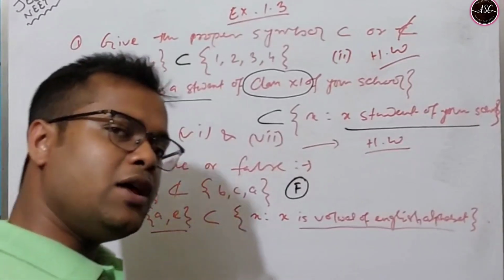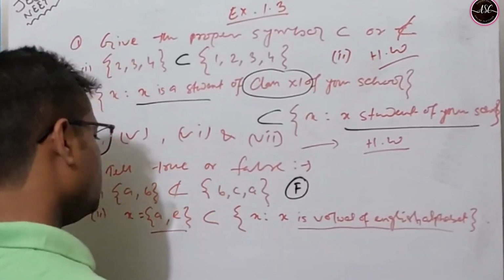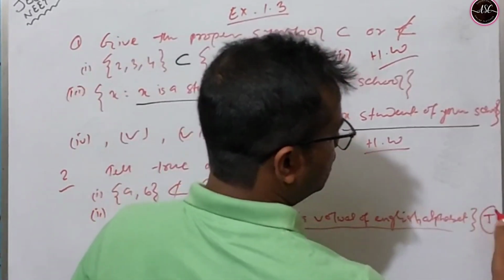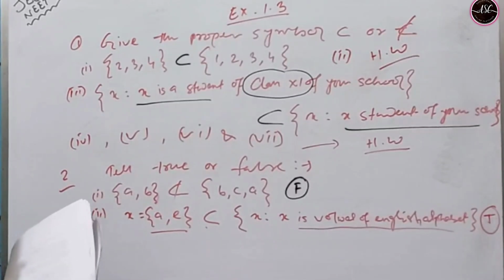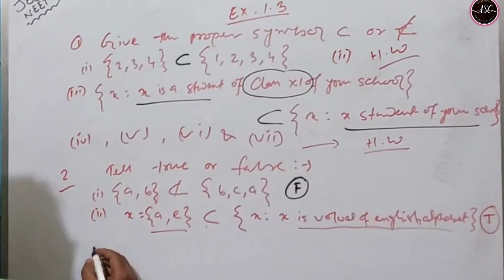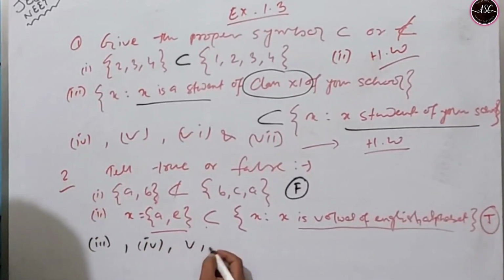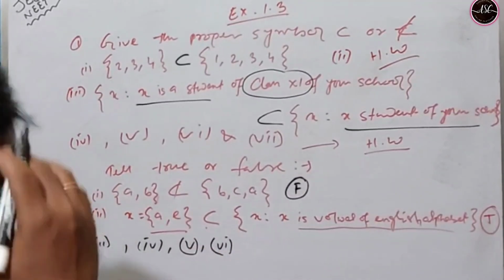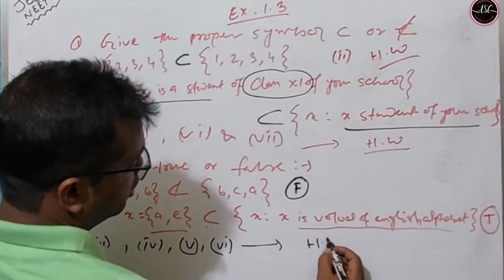The vowels are a, e, i, o, u, so a and e belong to this set. So this is a subset of this set, and this statement is true. Next, 3, 4, 5, 6 are the same types, so this is homework.